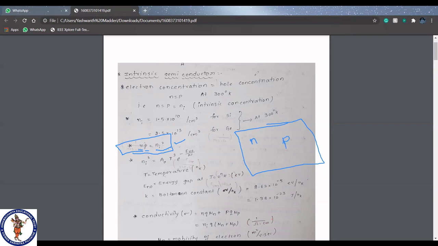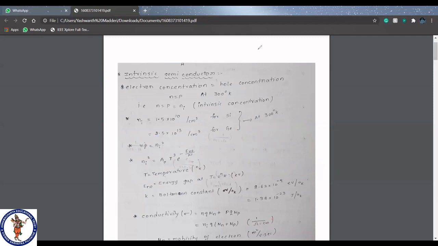But in an n-type semiconductor, electron concentration is more compared to the hole concentration, and in a p-type semiconductor, hole concentration is more compared to the electron concentration. But irrespective of the semiconductor type, this statement is always valid. Maybe this is high or this is high, no matter what, this product will always be equal to Ni square. np is equal to Ni square.